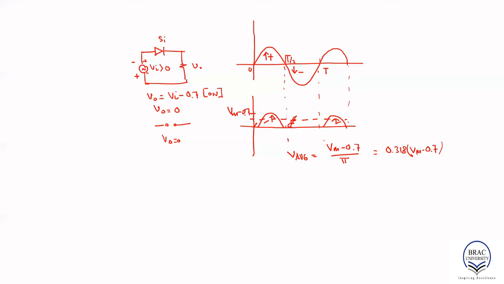Here Vm is the amplitude of the signal. So this is the average value of the signal. That is our half wave rectifier, which converts an AC signal to a DC signal. Although the DC signal that we see is not the type of DC signal that we are used to every day.